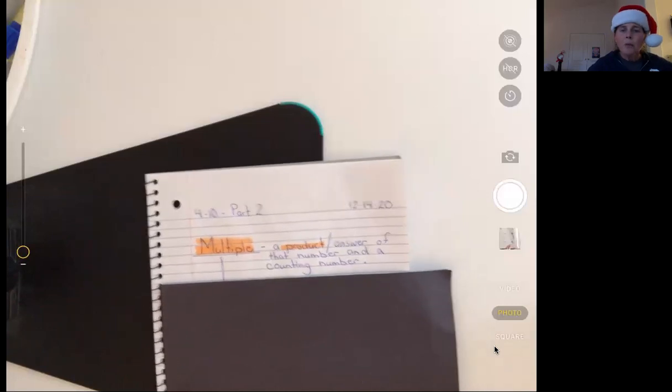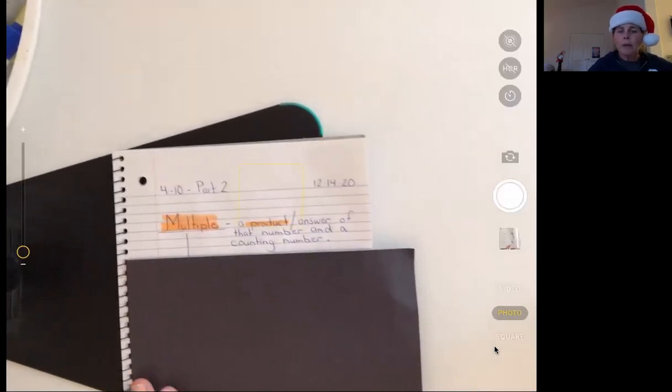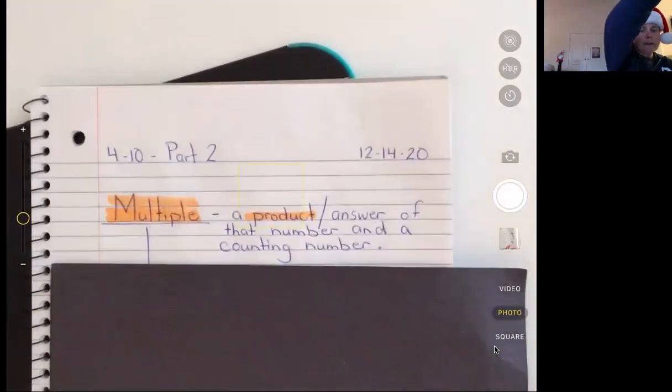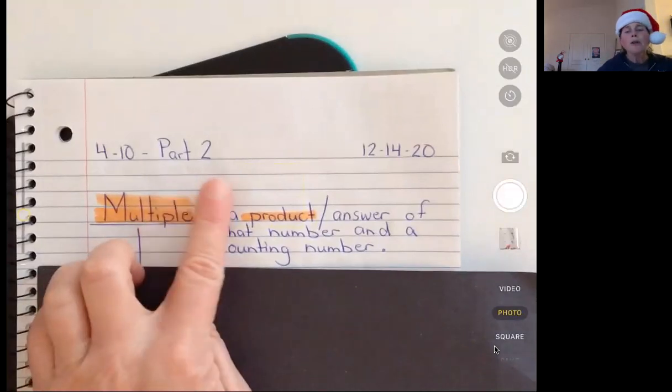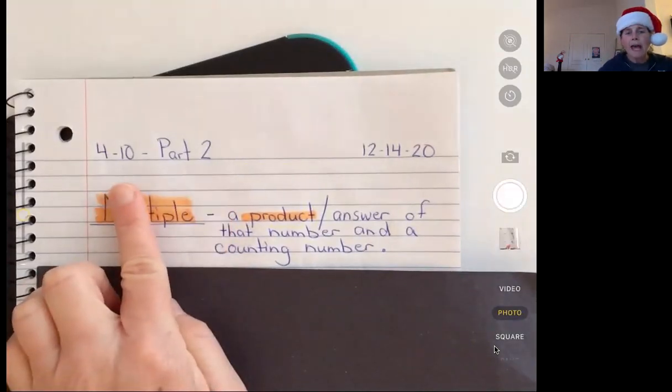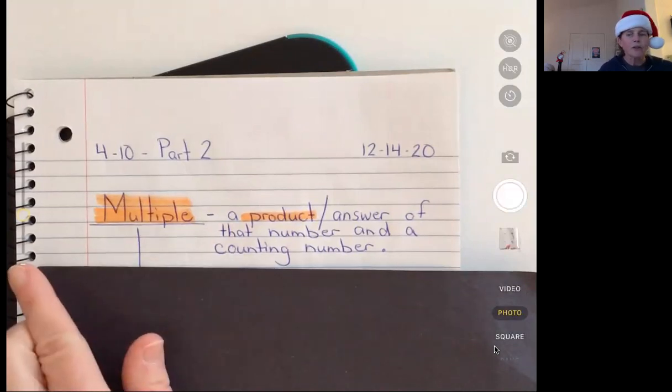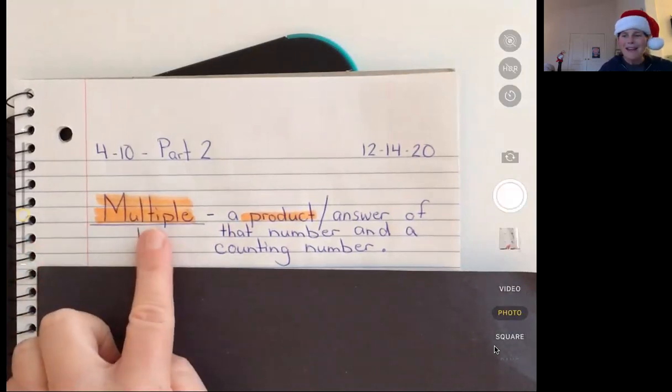I'm just using my Spiral Math notebook. You don't have to take these notes because we'll be quickly reviewing them when we get together in math this morning. This definition is actually in your book. I'm calling this part 2 of 4-10 because last week we talked about factors, which are what make the multiple.